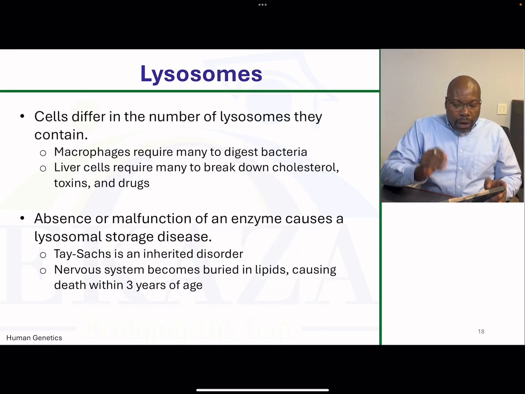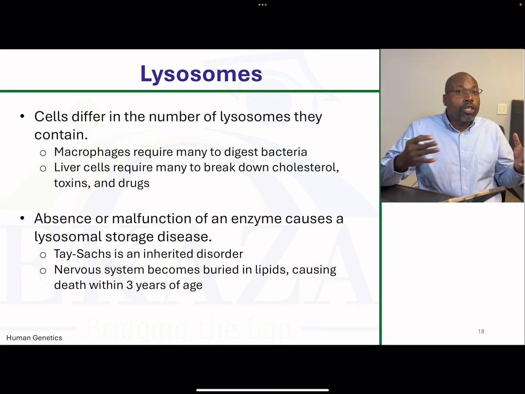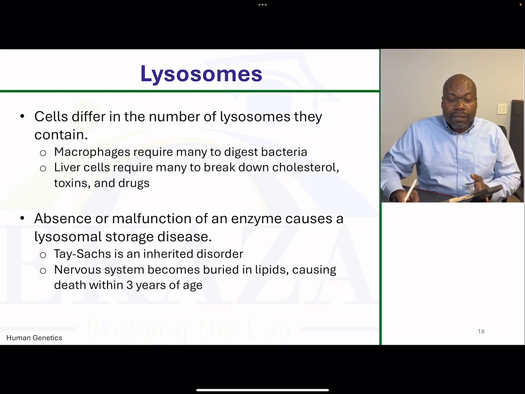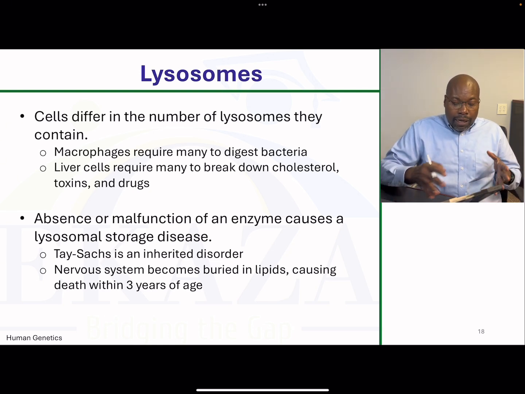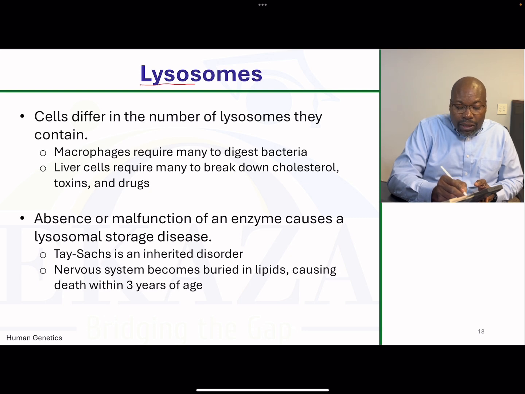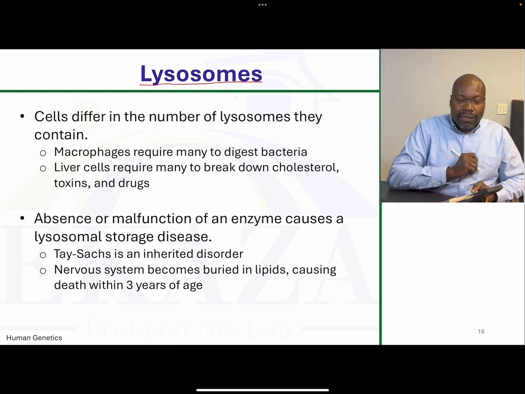All right, so I already told you about the lysosome. Now, what happens when the lysosomes do not properly do their job? We know of some genetic diseases in our system that are caused by lysosomes that do not carry the proper digestive enzyme.